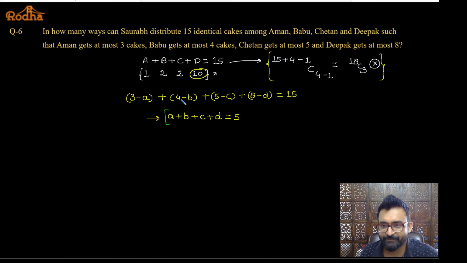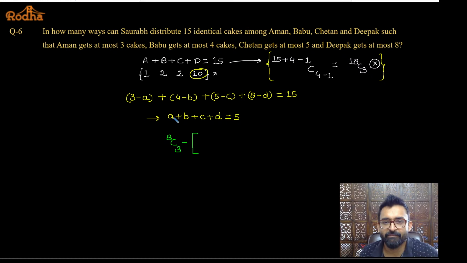Yes or no? Yes, Adil, that's perfect. So if I take the whole solution of this equation, that is going to be 5 plus 4, 9, minus 1, 8, C3. And what are the cases I need to subtract?